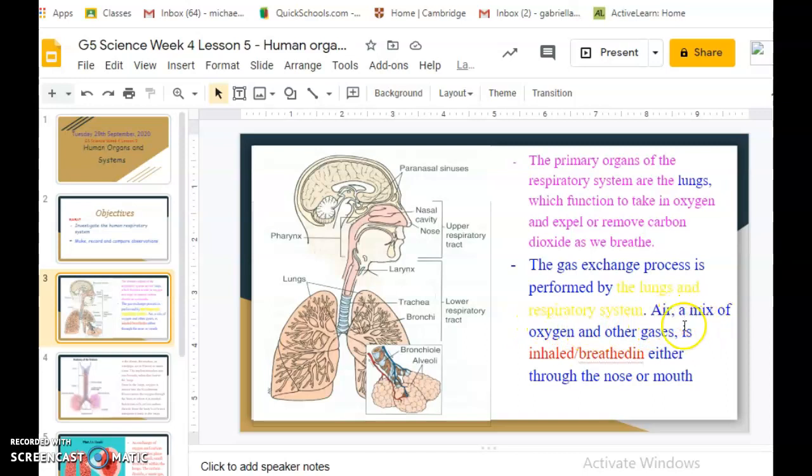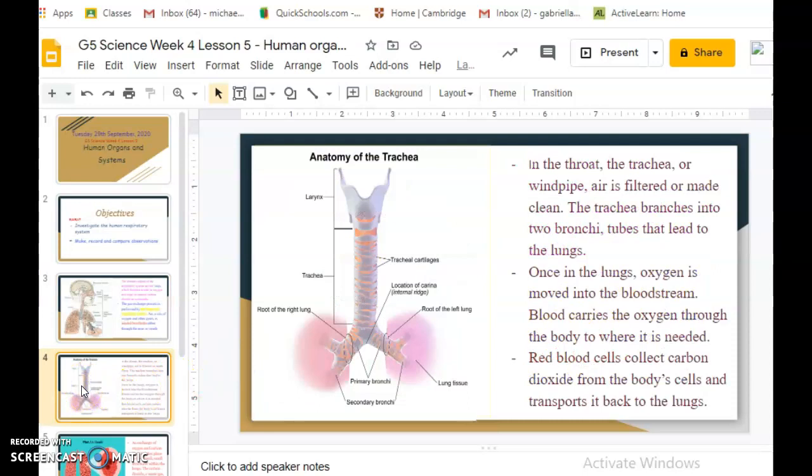Now the air, which is a mixture of oxygen and other gases, is inhaled. It is breathed in either through the nose or through the mouth. Then the next step is it will move down to the throat, which is also called the trachea or windpipe.